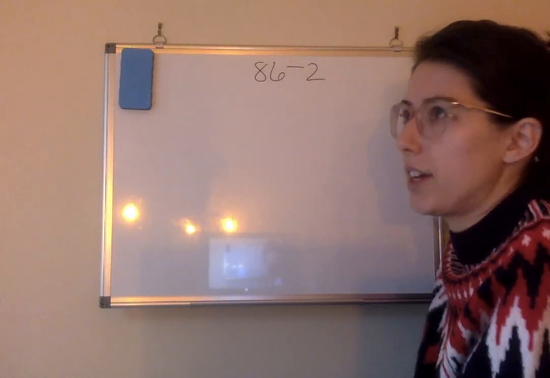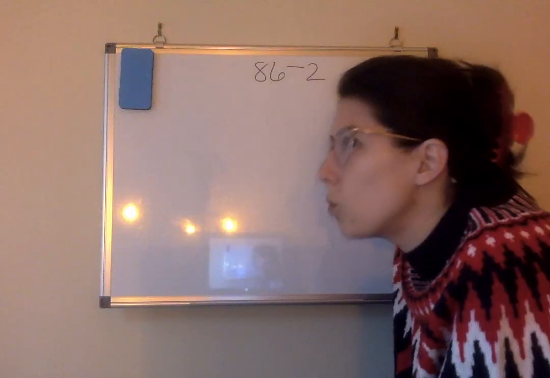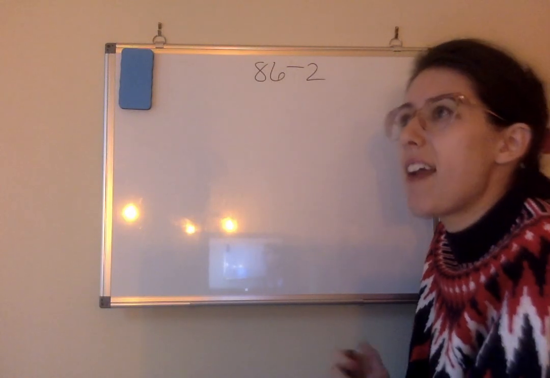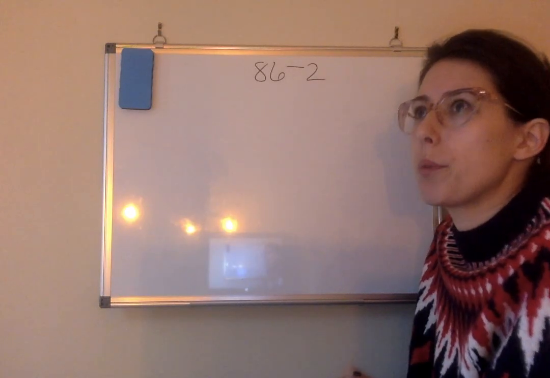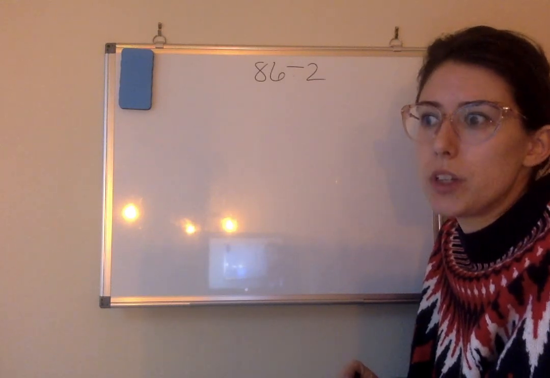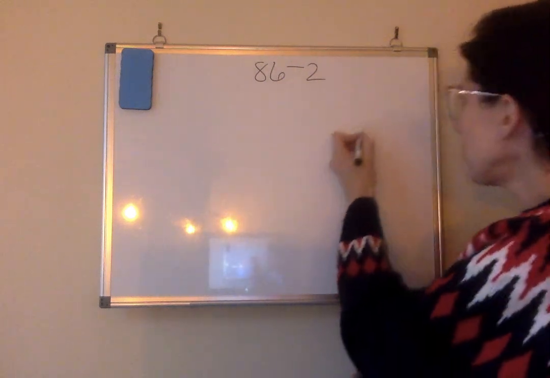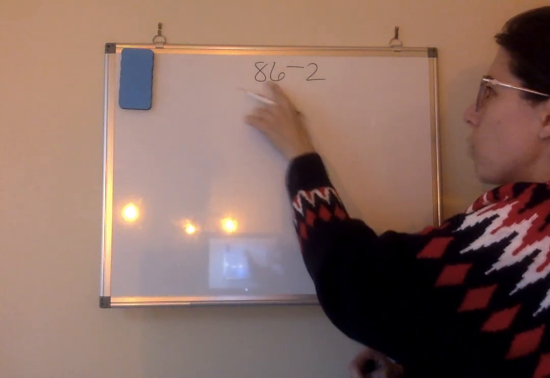I am going to have us go first the conceptual way using a place value chart. And then I'm going to show us the most efficient way that you're going to be using as you get older. So, this number is made up of 1s and 10s.